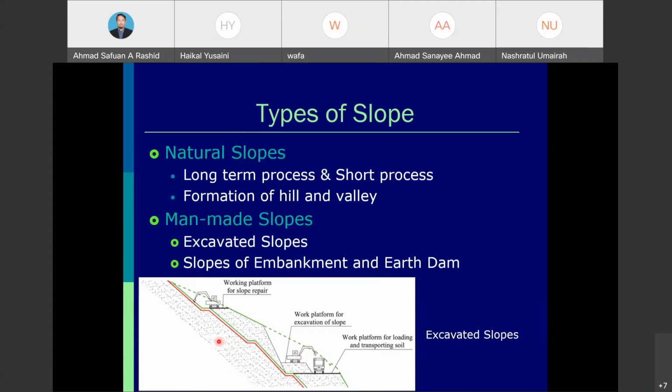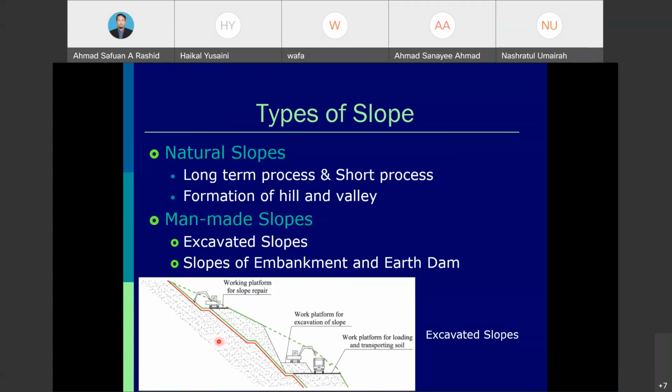And then we have another one we call the slope of embankment and earth dam. So this is not actually a natural slope. It is a constructed slope. For example, when we want to build a highway or a road, the road level should be higher than the existing level.